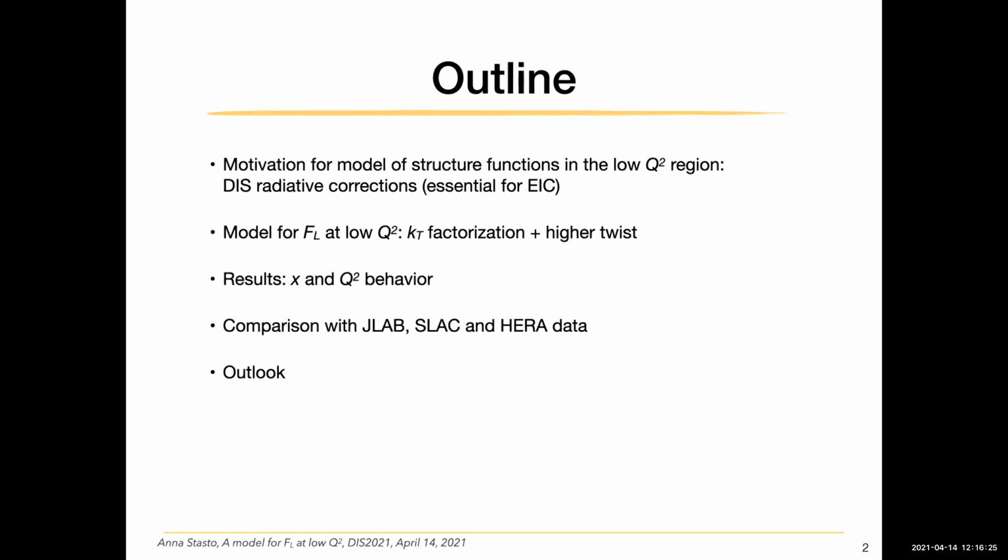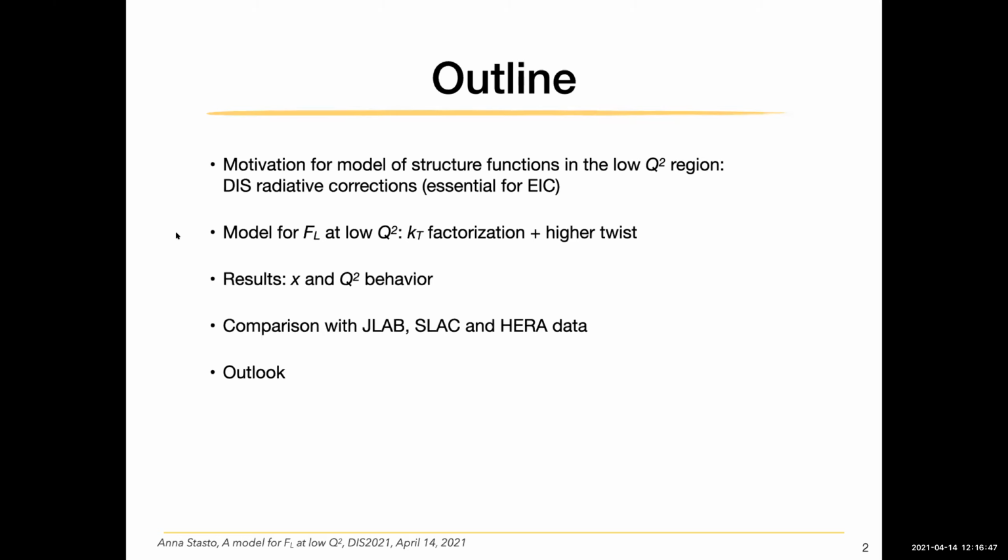First I will start with the motivation for looking at the model that goes into the low Q square region, which, aside from theoretical interest, is also of practical interest because it's necessary for the DIS radiative corrections and essential for the EIC.